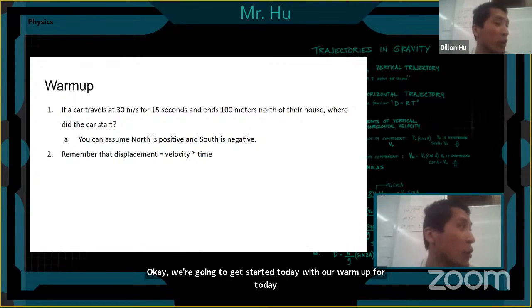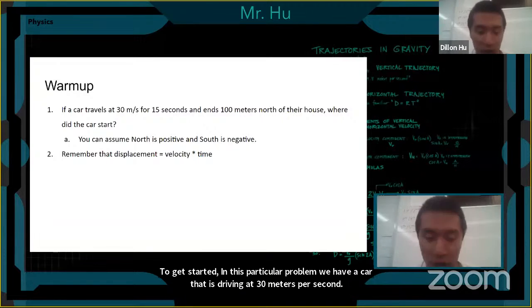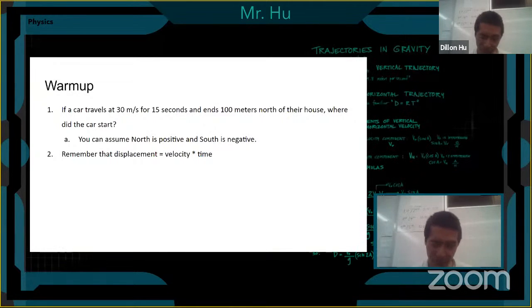And we want to figure out, where did the car start? In general, and in this problem, you can assume that north is positive and south is negative. And a formula that can help you here is that displacement is equal to velocity times time.